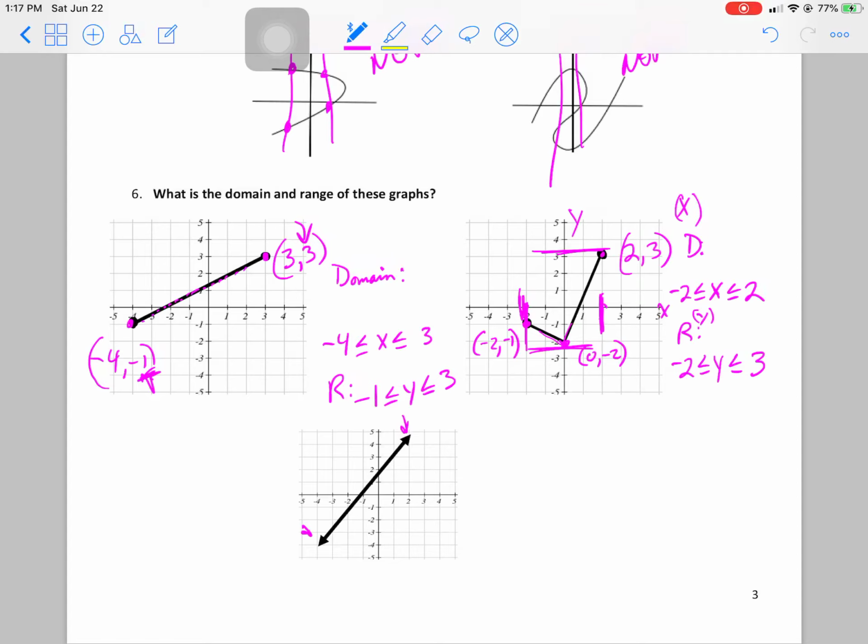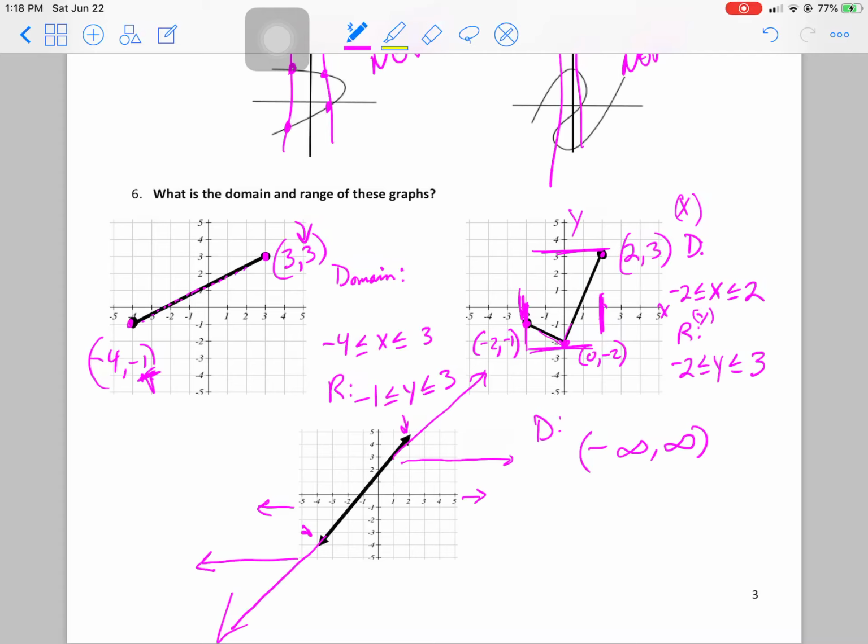Okay, and for this one, the arrows keep on going. So if they keep on going forever, okay, that means this will continually go this way. And down here, these will continually go that way. So the x's go on forever. They go on forever into the negative direction and into the positive direction.